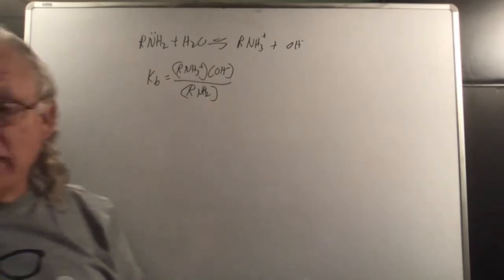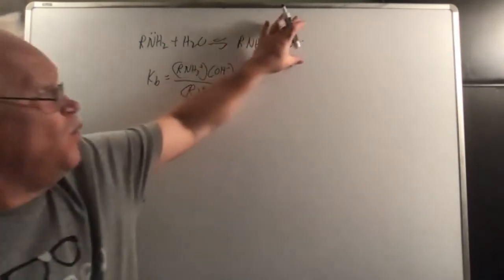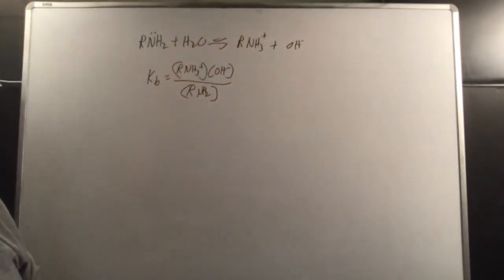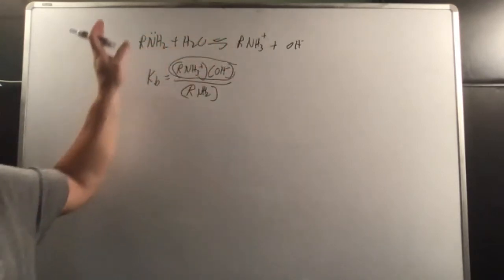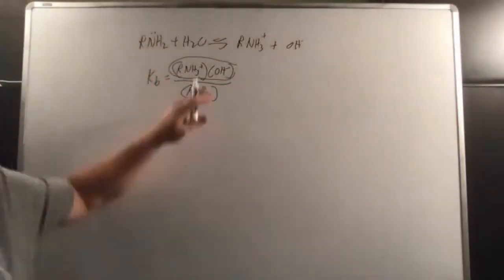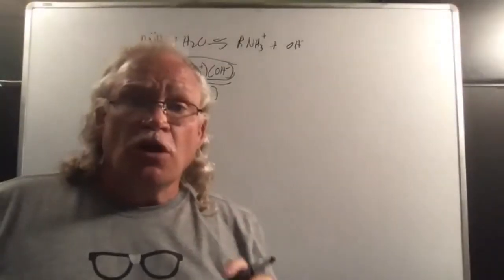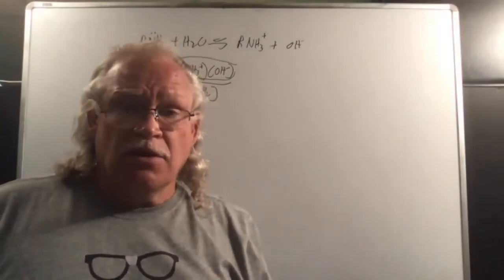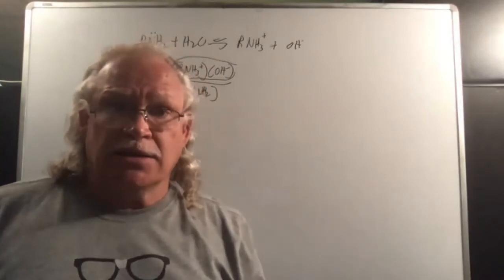Now, let's see what we can say about this equation. It's an equilibrium. It's always the products over the reactants. So the larger the products are, the further the reaction proceeds to the right. The larger the products are means the larger the numerator of that fraction is. So Kb is larger. So the larger Kb is, the further the reaction proceeds to the right, the stronger the base.